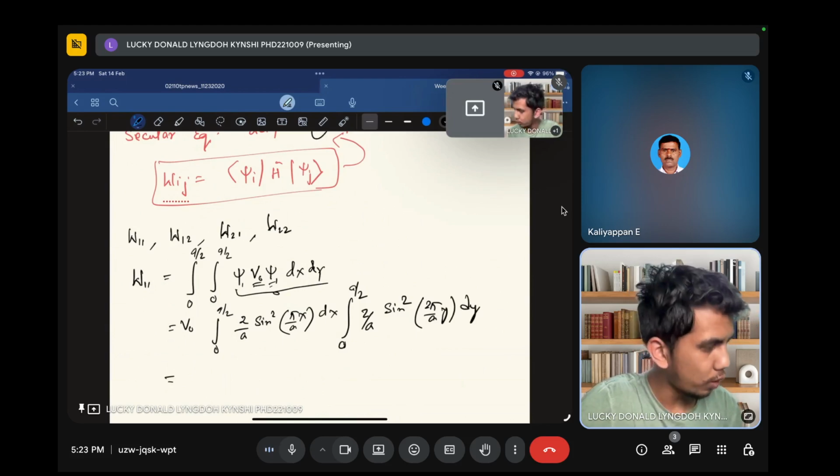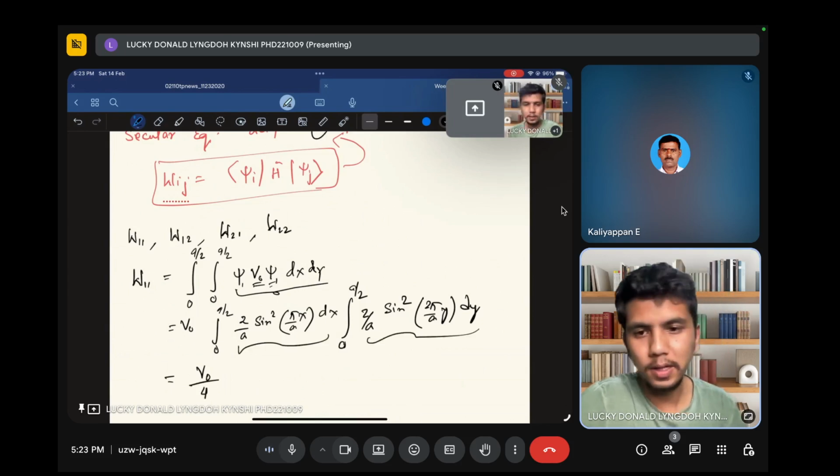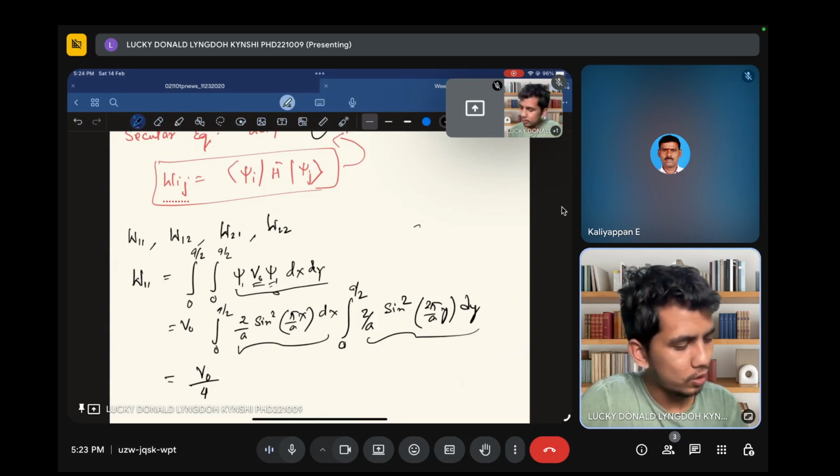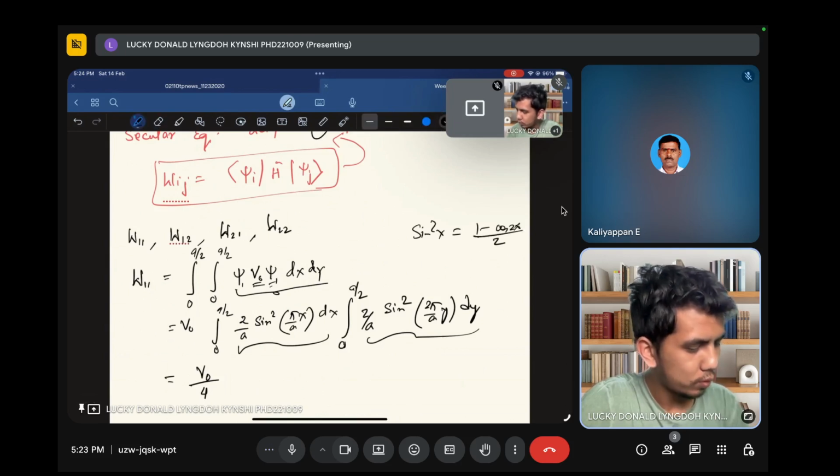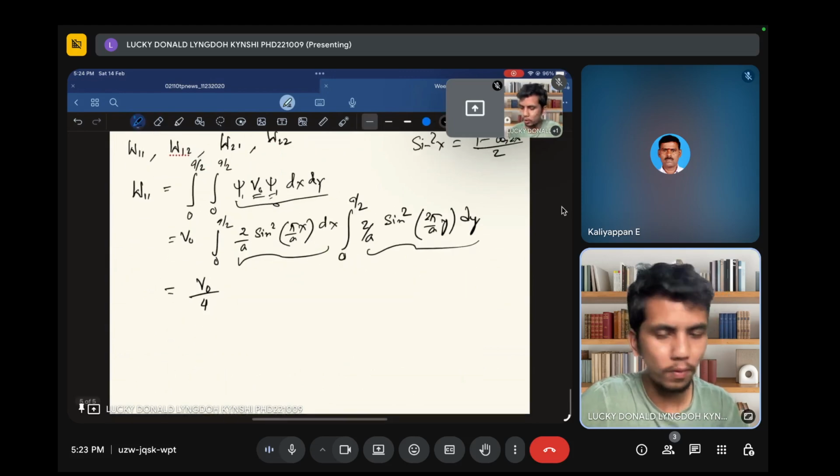So now if you solve these, you will get V naught divided by 4. Again you can solve this integration, which is a simple integration of sine square; you can use the trigonometric identity sine square x is equal to 1 minus cos 2x, divided by 2, then you can do the integration and you will get V naught by 4.